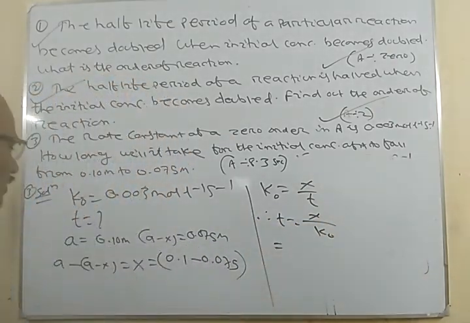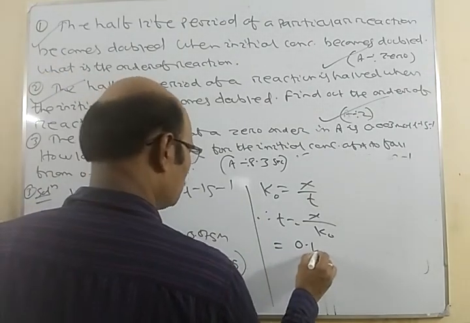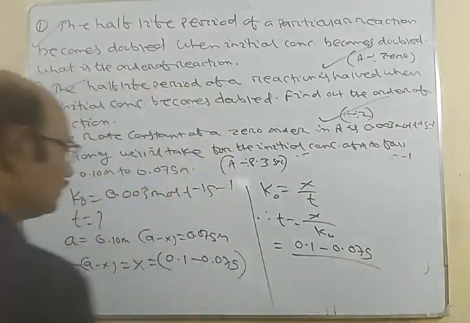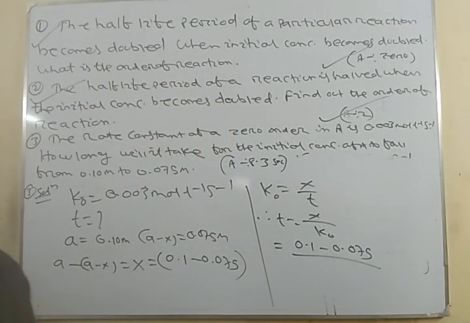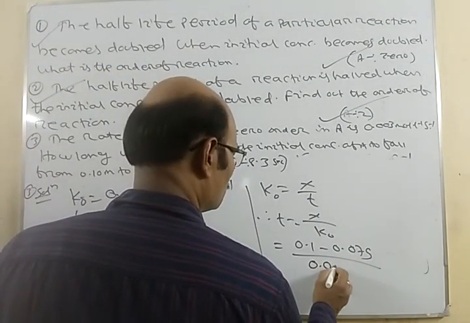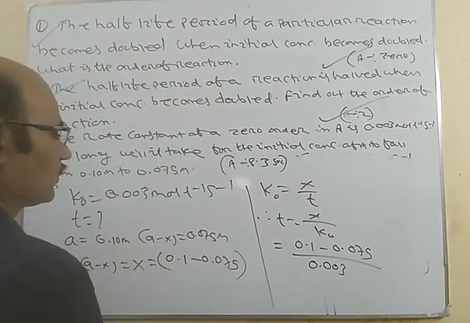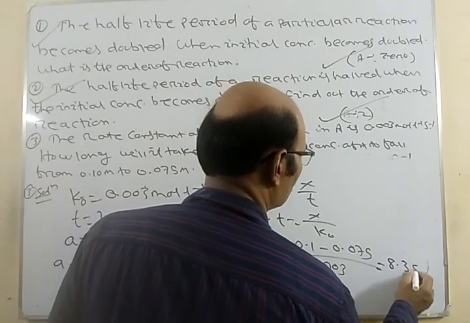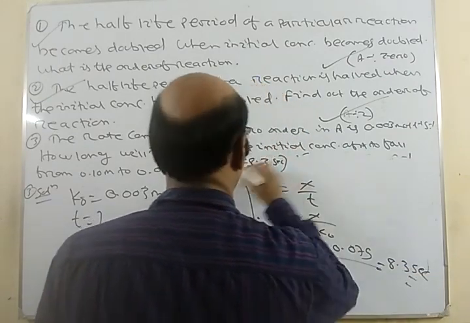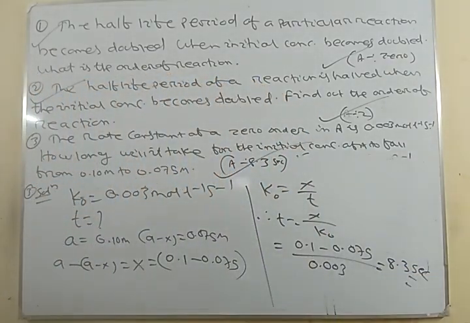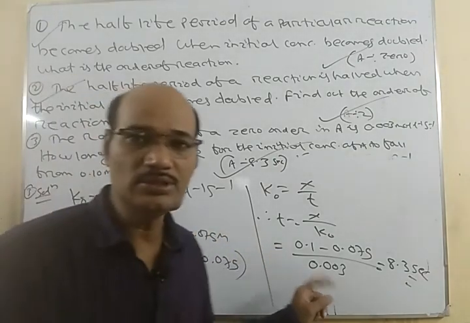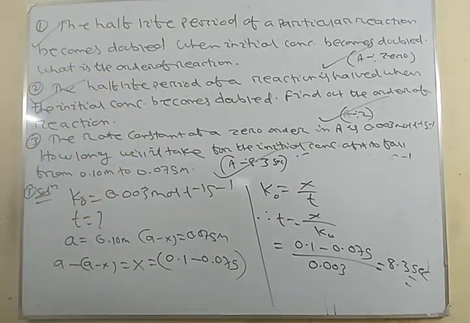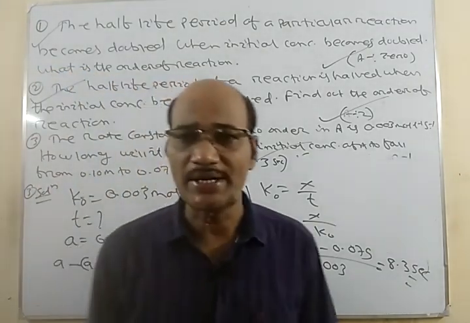So x is how much here? 0.1 minus 0.075, divided by k, which is 0.003. So we get 8.3 seconds. So this is the answer of how to calculate the time required for a zero order reaction. So this is about your zero order kinetics.